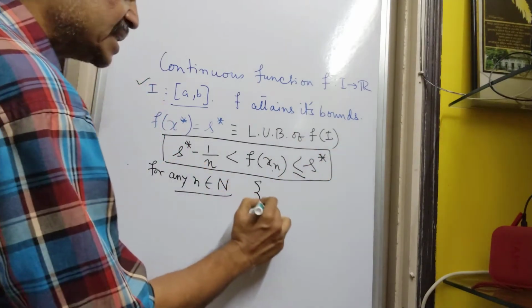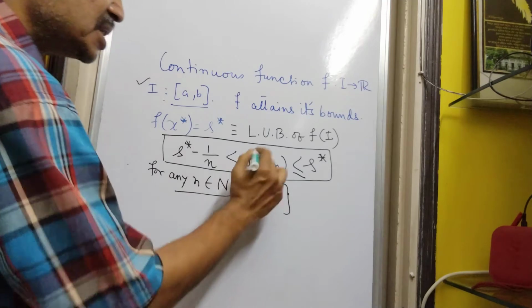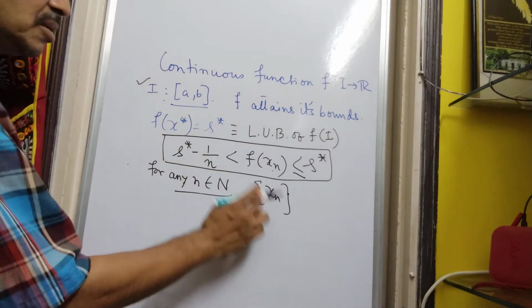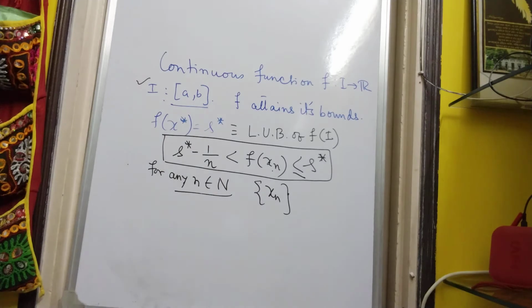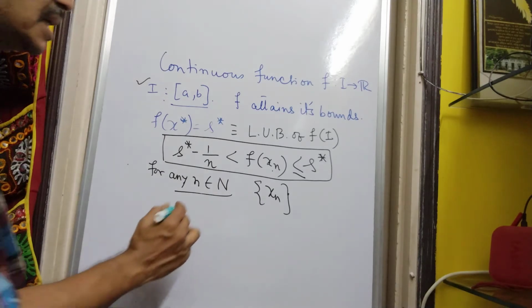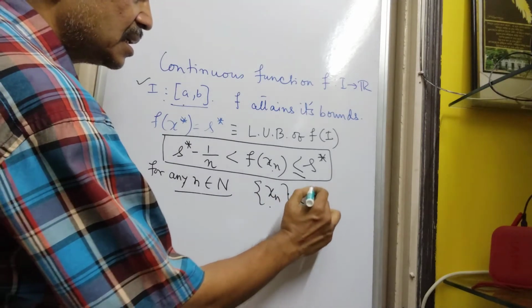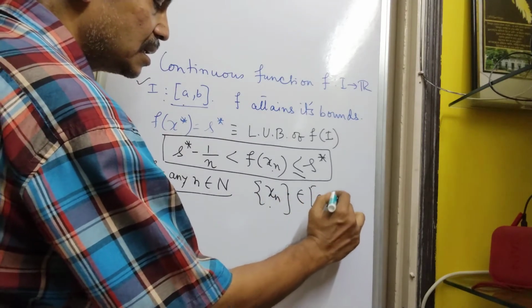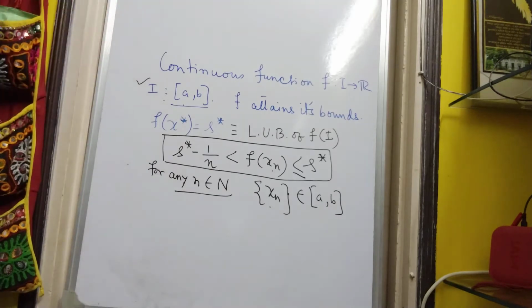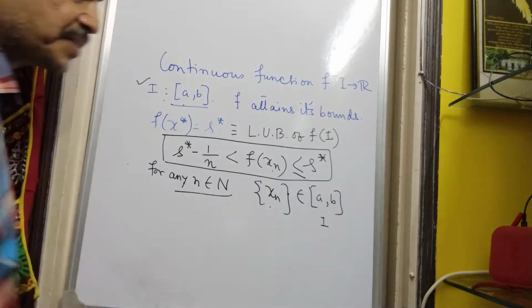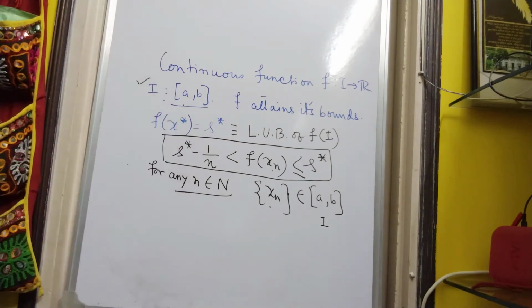So we have a sequence xn for which this is true. And any sequence in this interval, each xn is a member of [a, b] or I, and I is closed and bounded.